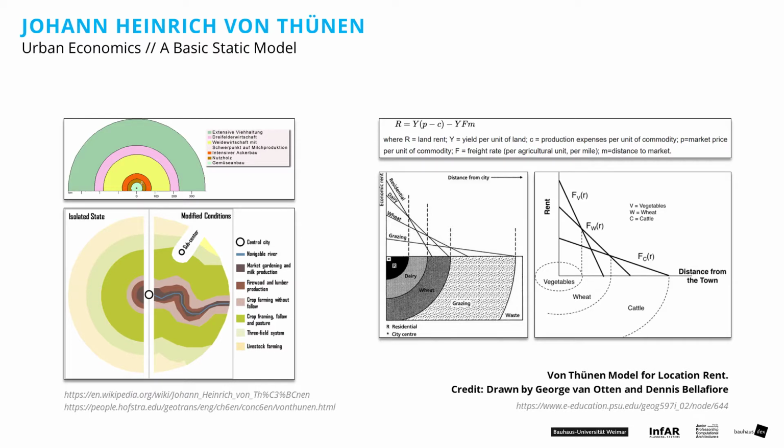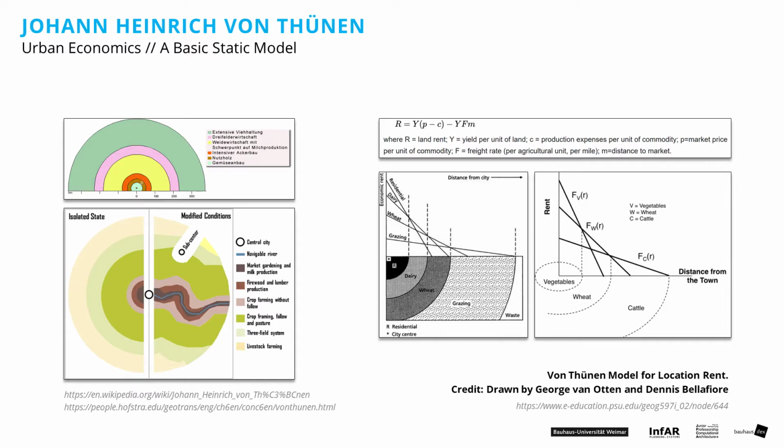by yield. So you can see the detailed formula on the slides behind me. It can be illustrated by the bid rent model, which is a well-known geographical economic theory that is based on the von Thünen model, as illustrated on the right side of the slide.